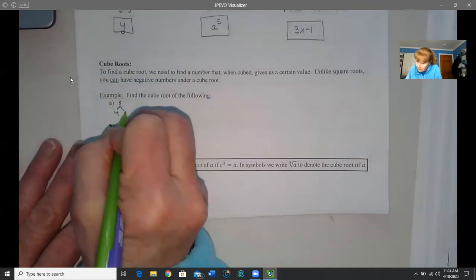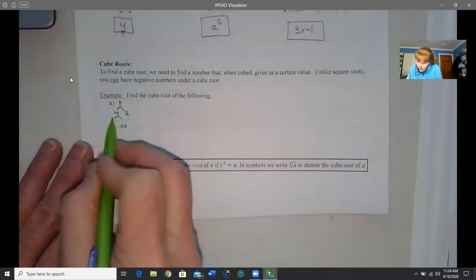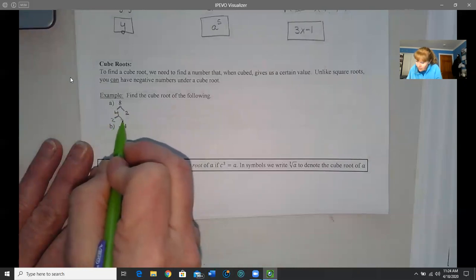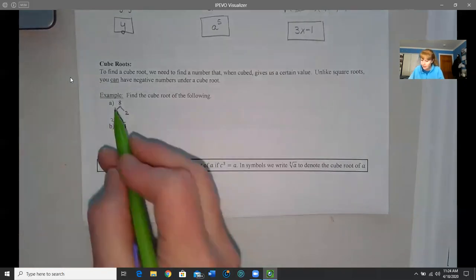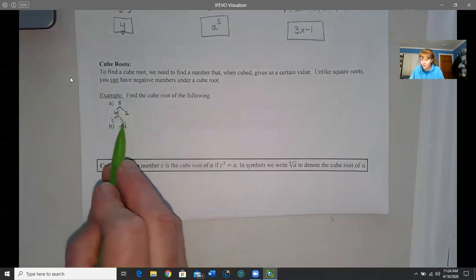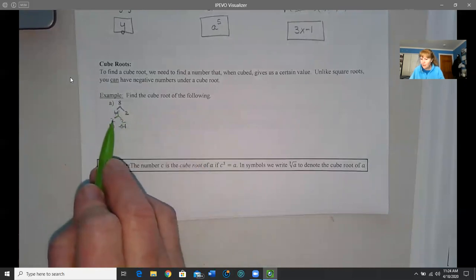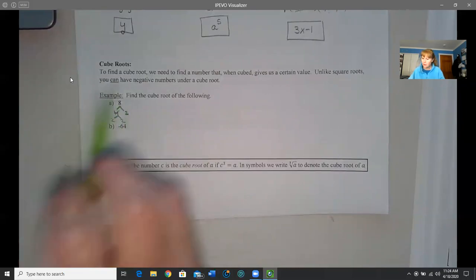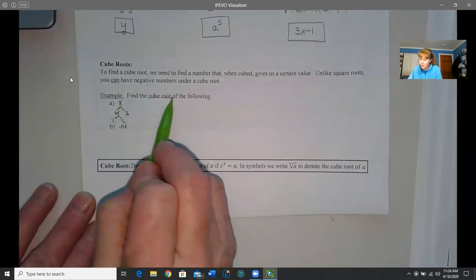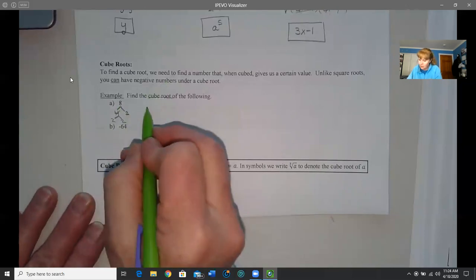This is 4 times 2, and the 4 is 2 times 2. I know it's kind of scrunched in there, but I still think you can see the 4 is gone. I broke it into 2 and 2. I have 3 2's in my 8, so the cube root of that is 2.